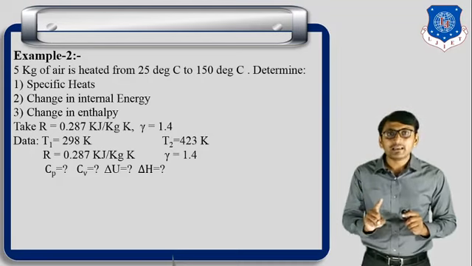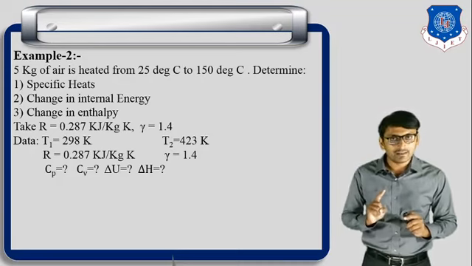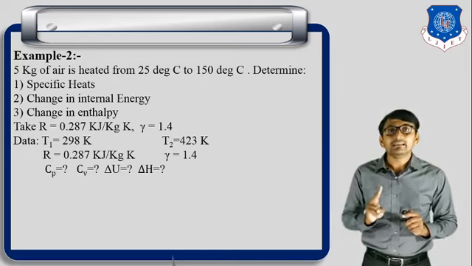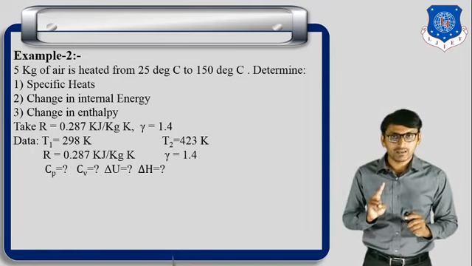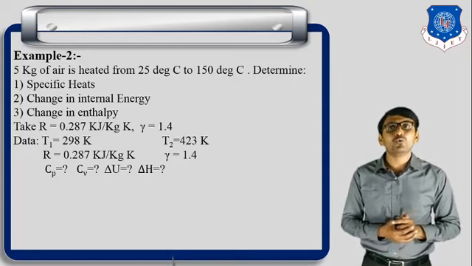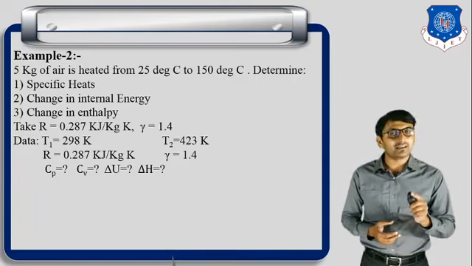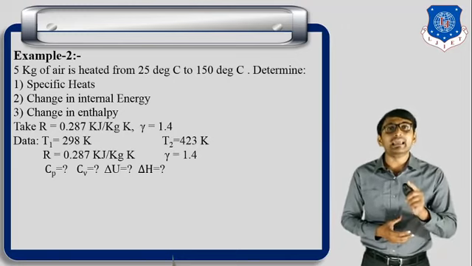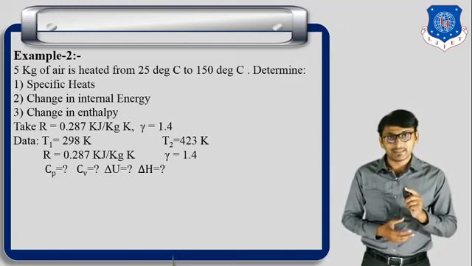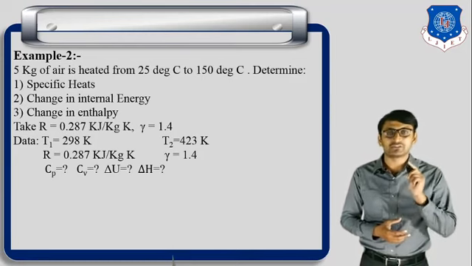Specific heat at constant pressure. What do you mean by Cv? Specific heat at constant volume. Then delta U, change in internal energy. Delta H, change in enthalpy, which is denoted by delta H.